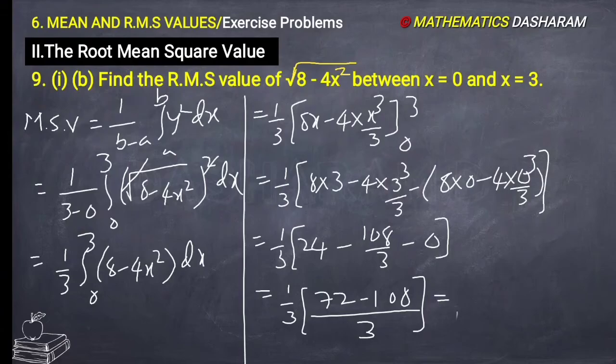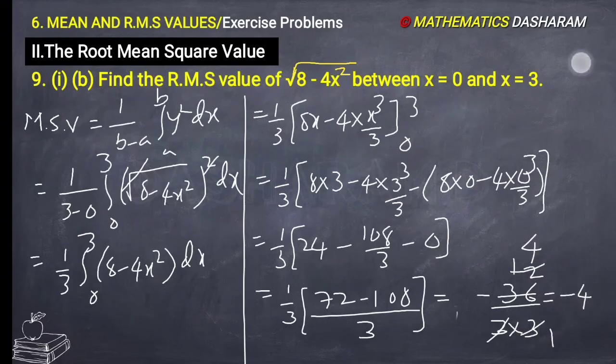So it is equal to minus 36 by 3 into 3. So 3 ones are 3, 3 2s are 6, again 3 ones are 3, 3 4s are 12. So it is equal to minus 4.